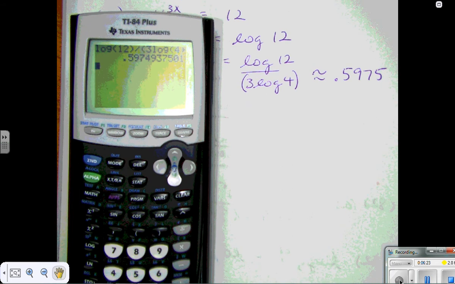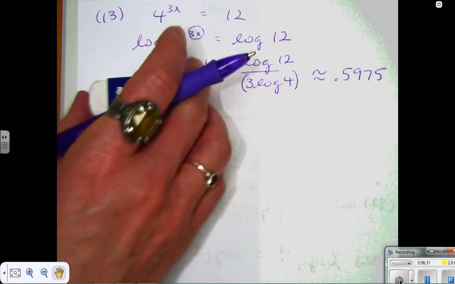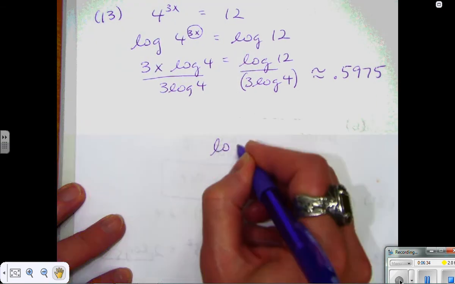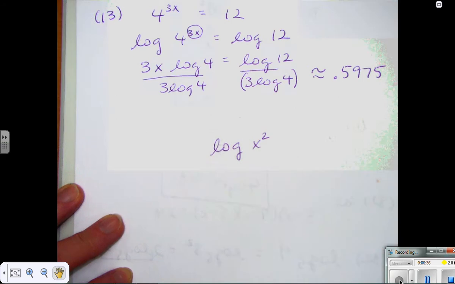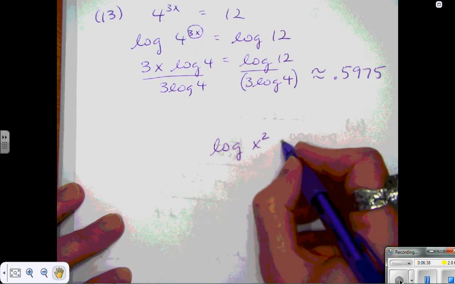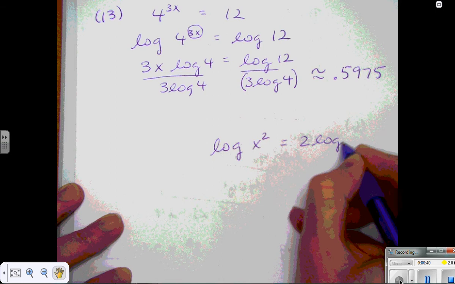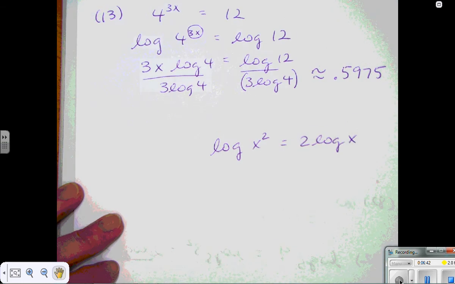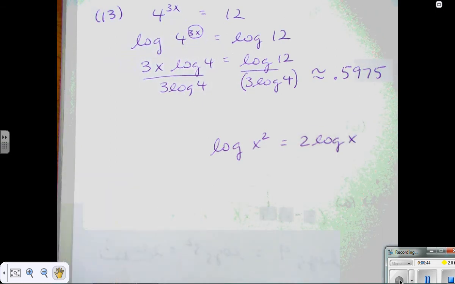And when you have a power to a power, you multiply them together, so you move it in front. So, like if you had log of x squared, then we wrote it as 2 log x yesterday.